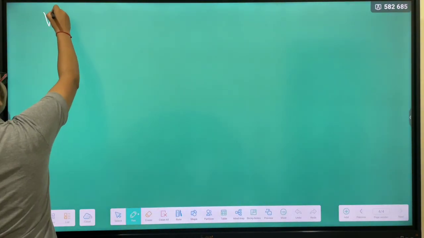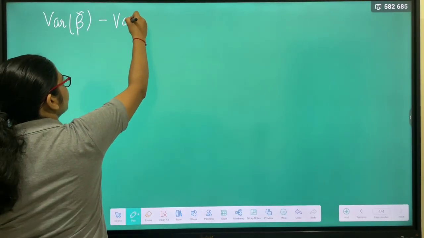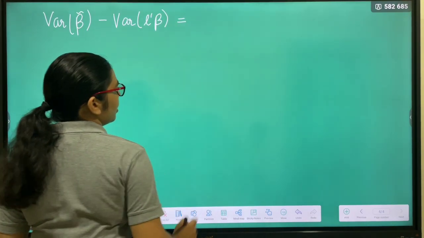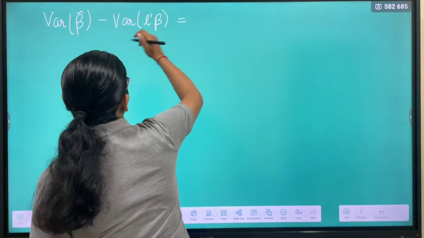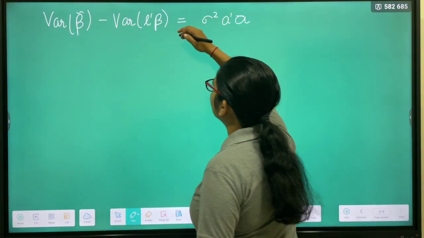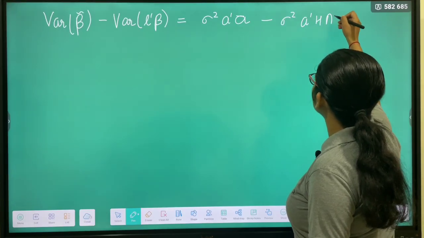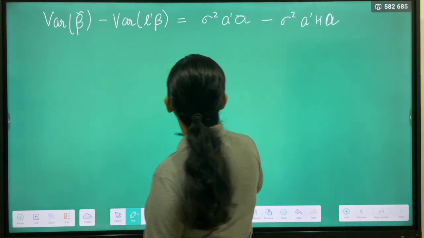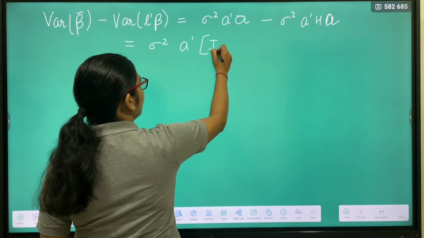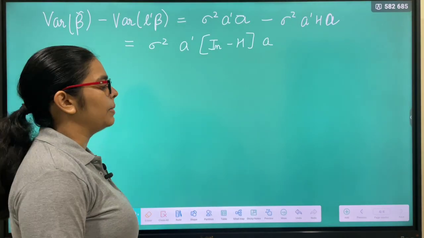So calculating variance of beta curl minus variance of L'beta, from equation 2 and 3, variance of beta curl is sigma square a'a and variance of L'beta is sigma square a'Ha. So sigma square we will take common, a' also common, and we are left with I minus H and a afterwards, because we are doing this in matrix.